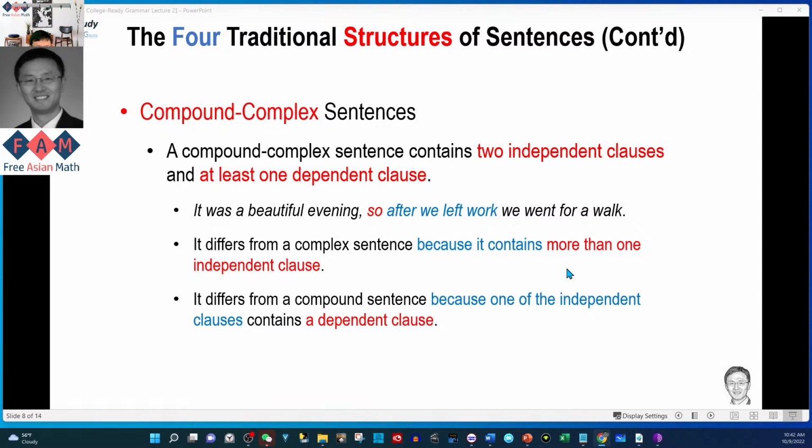It will be very rare to see that, but technically it may happen. All right, one of the independent clauses may have even more than one dependent clause. Again, long, complicated sentences are generally less favored unless you have some special need to write such sentences. Usually we want to avoid overly complicated sentences.